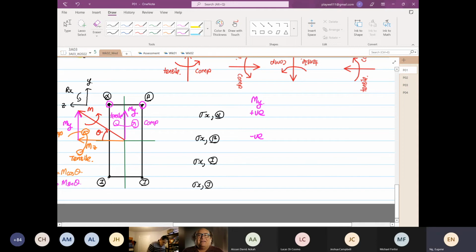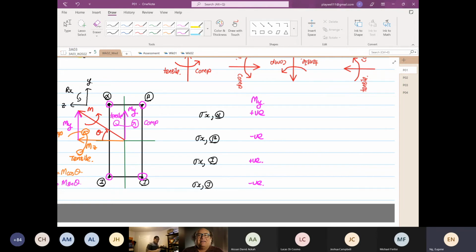If you look at point I, MY will induce a tensile. And if you look at the moment about the y-axis at point J, it will induce a compression. Are you all clear? This way you can determine whether it is tensile or compression very easily. Any question? I will show it again.